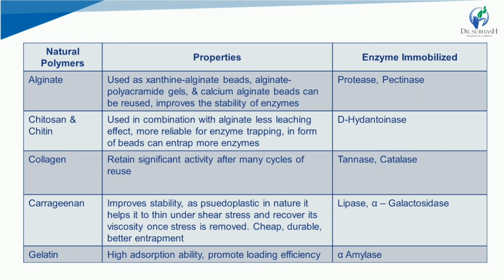For example, alginate is generally used as xanthine alginate beads, alginate polyacrylamide gels, and calcium alginate beads, which can be reused. This improves the stability of the enzymes. So alginate basically targets the stability of the enzymes, and by use of alginate, protease and pectinase are successfully immobilized.